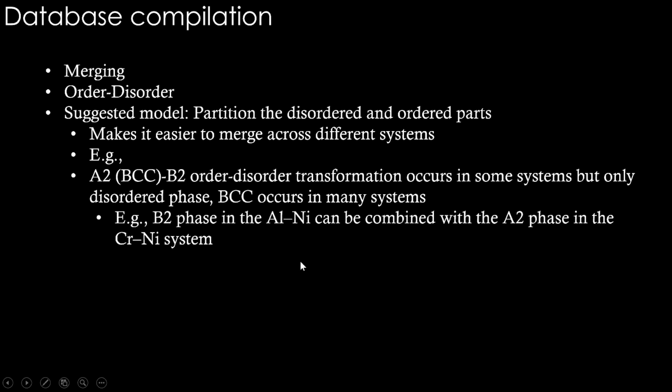For example, the AlNi system has a B2 phase, and that can be combined with the A2 phase, the normal BCC phase, in the CrNi system. CrNi doesn't have a B2, it has only BCC. These two can be merged, provided we have this partition of disordered and ordered parts separately in the model itself.